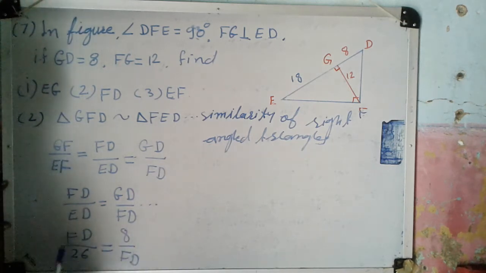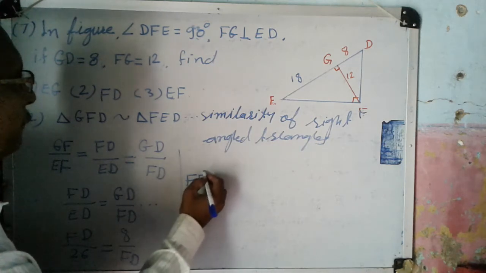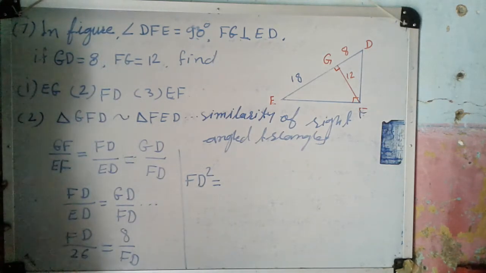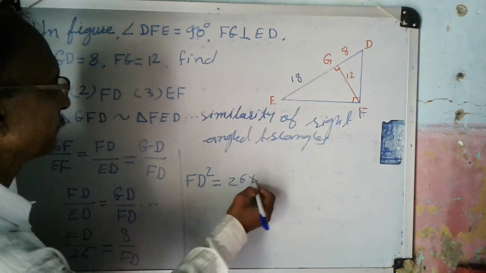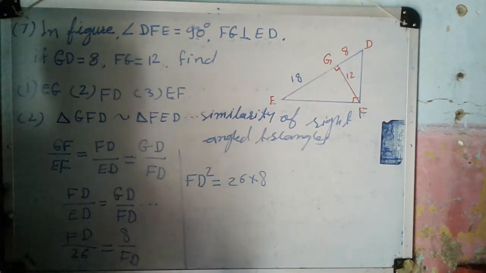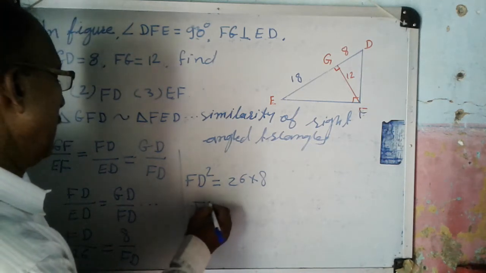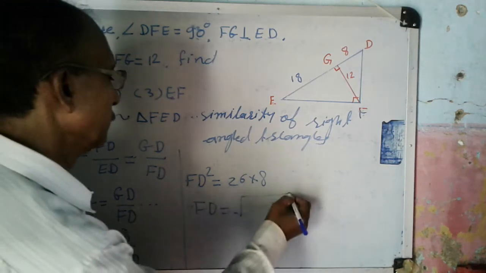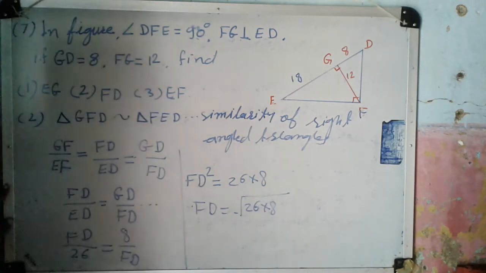Now by cross multiplication, FD multiplied by FD, we get FD square is equal to 26 multiplied by 8. So we will simplify this. By taking square root we get FD is equal to square root of 26 into 8.